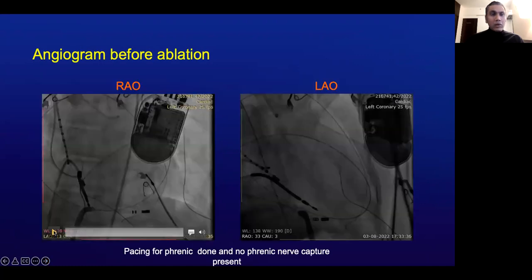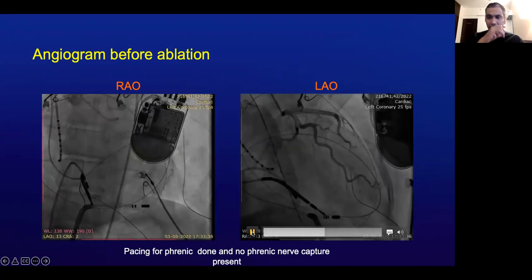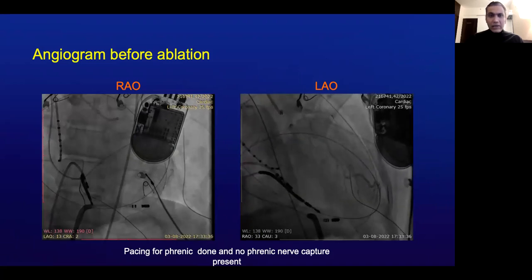Prior to ablation, we performed a coronary angiogram and documented that the catheter locations for these signals were far away from the coronaries. Pacing for phrenic was done and no phrenic capture was present.